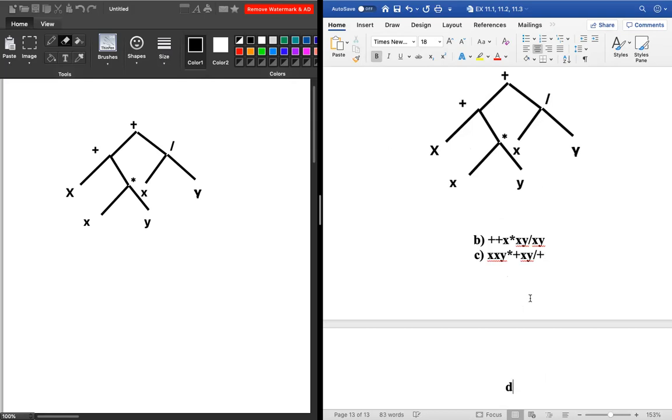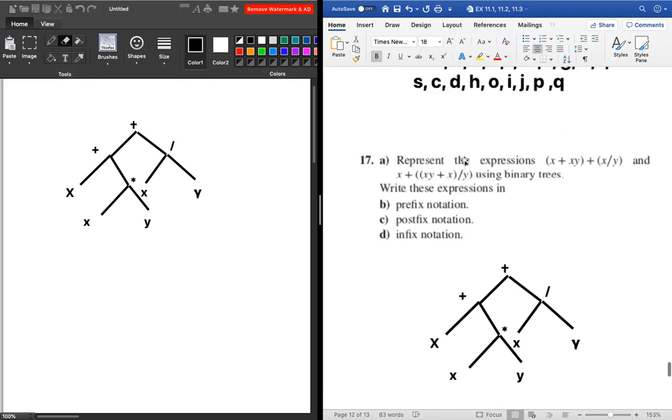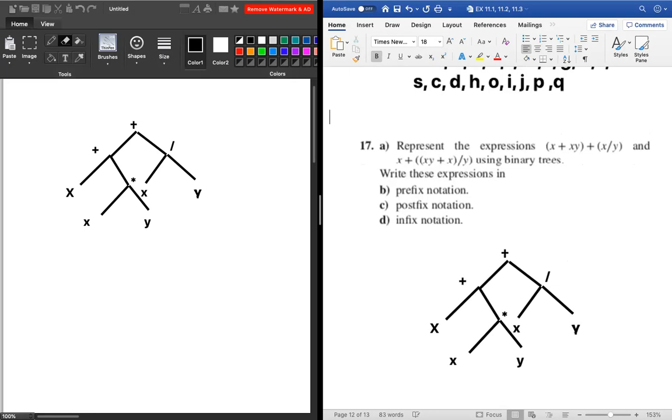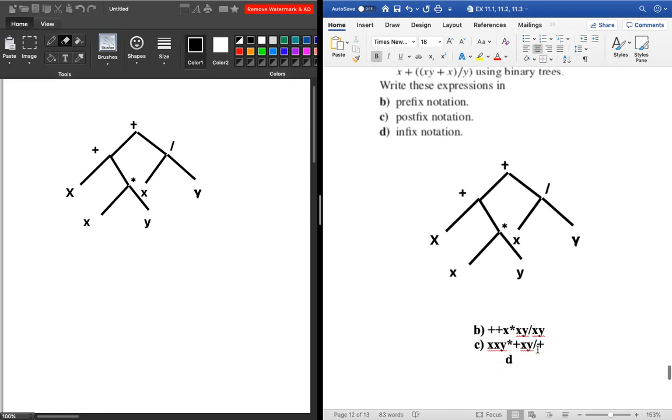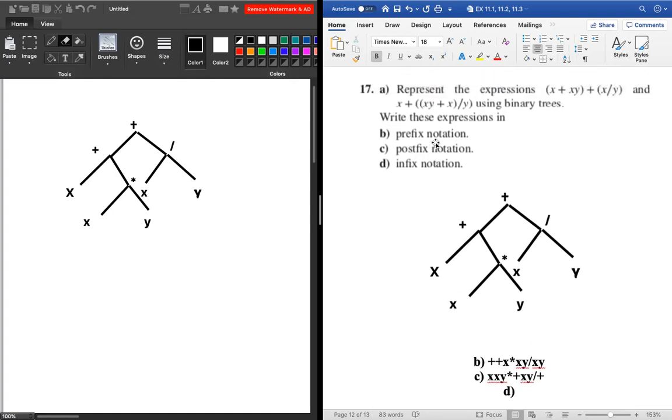The next part basically asks us to do the infix notation. Infix, you visit the left child, you visit the root, and then you visit the right child.